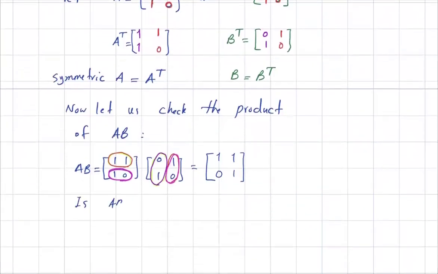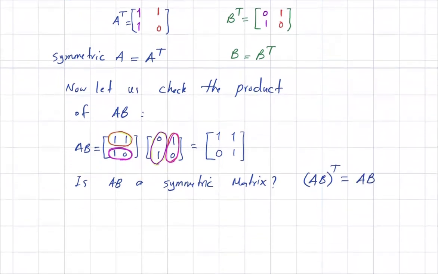Is AB a symmetric matrix? It means, is the transpose of AB equal to AB itself? Well, the transpose of AB is equal to, so the same process as we did before.